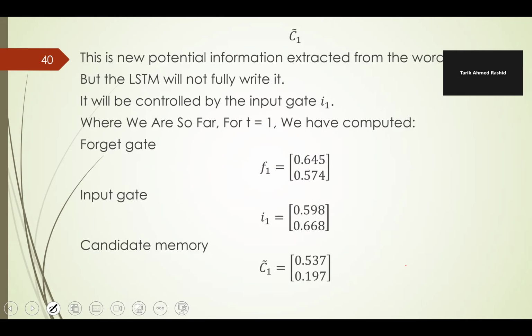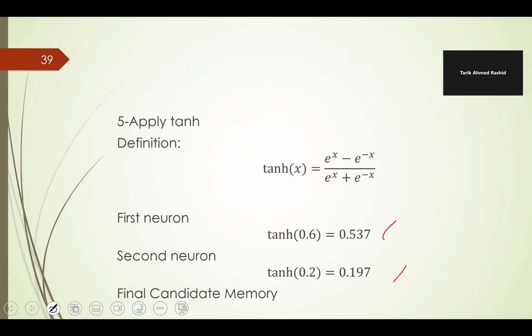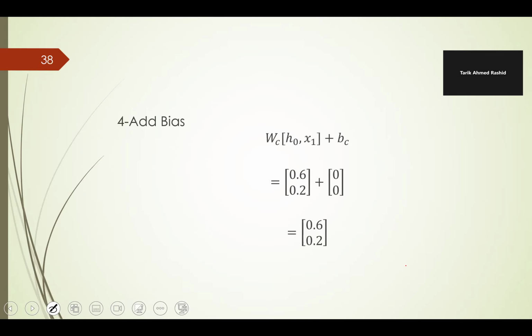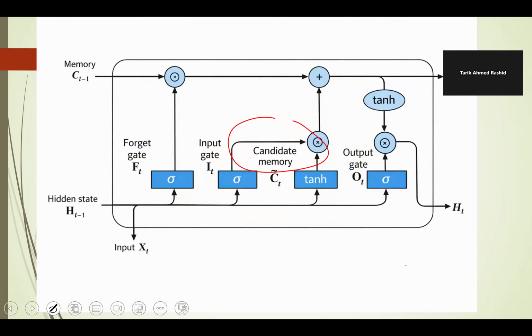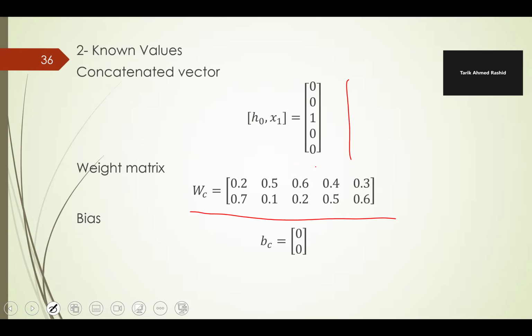The result would be this one here. So the final candidate memory will be this one. Now, it means that the final candidate memory, we found this one. Okay, that's done. That's tanh, okay? This one, that's done. Tanh.